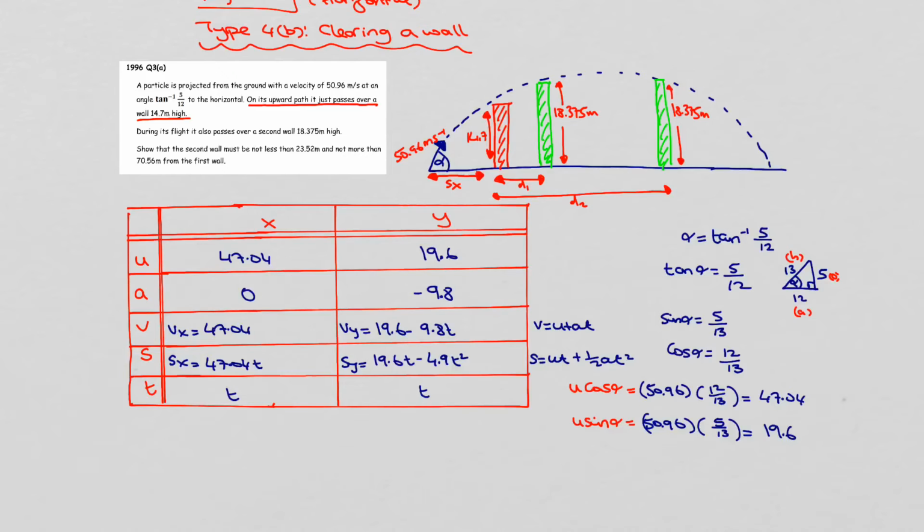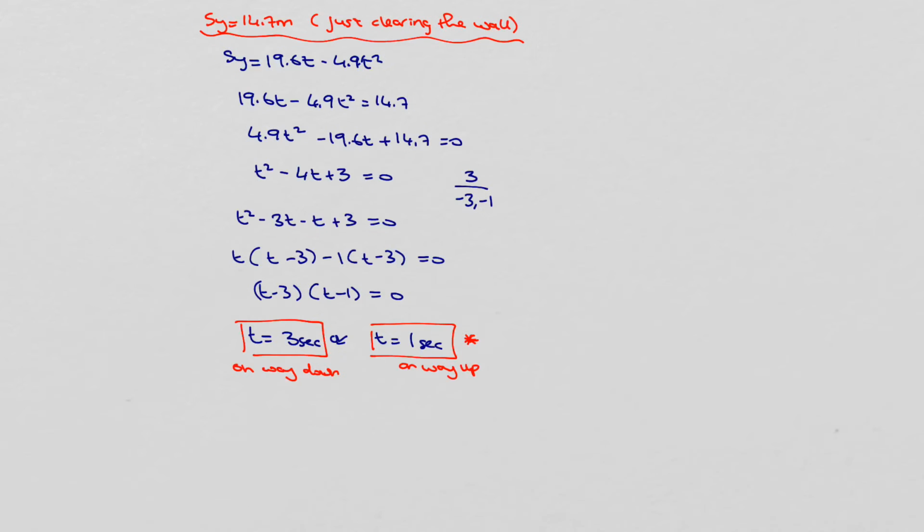So what we want to know now is what is Sx? What's the distance from the initial firing position of the particle into the air to the base of that wall that's 14.7 metres high? Okay, so we look at S of x when t is equal to 1 second.